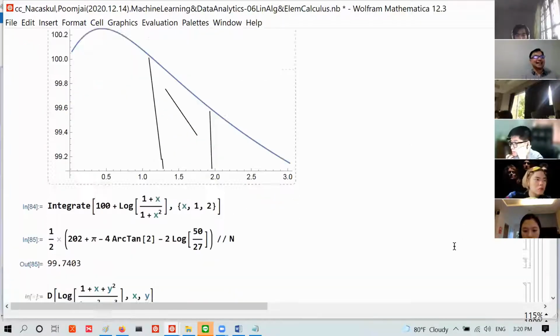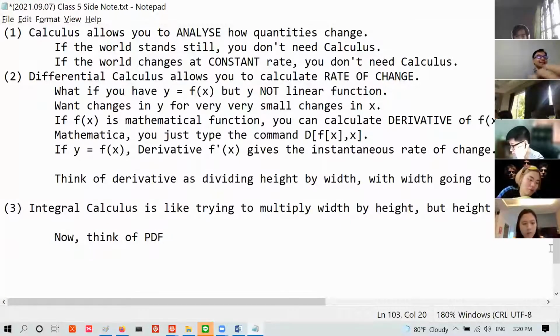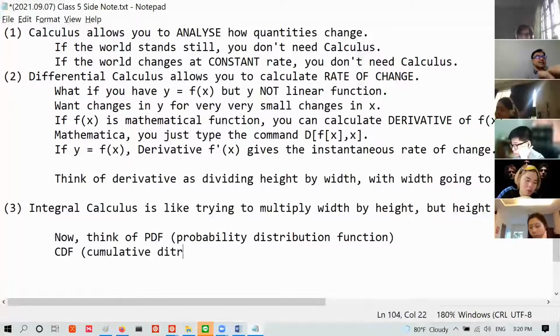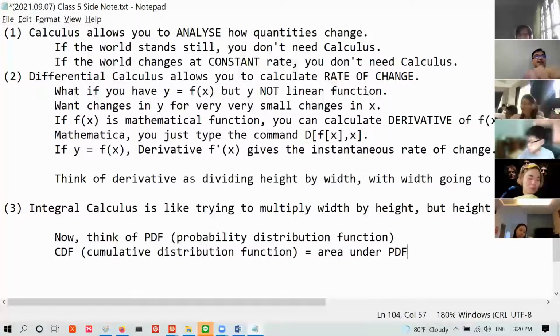Well, let's think about it. Now, think of the PDF, the probability distribution. Your CDF, cumulative distribution function, is actually an area under the PDF.